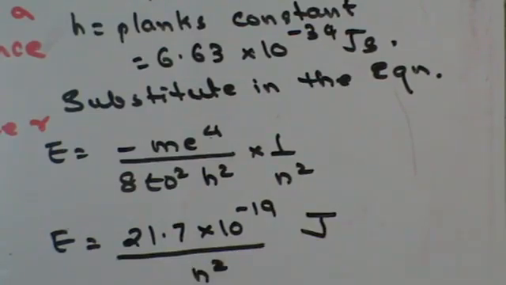That will be the energy present in an electron which is in the nth orbit, right?